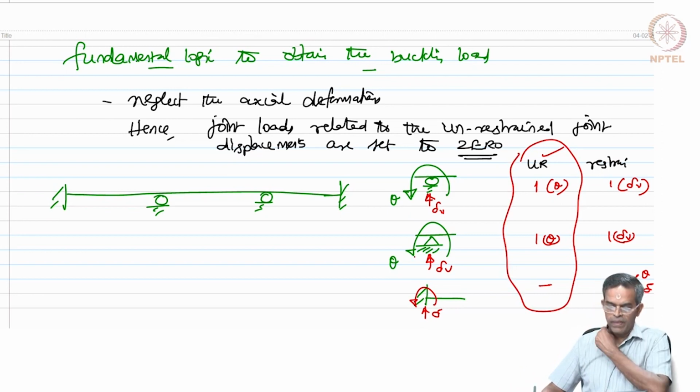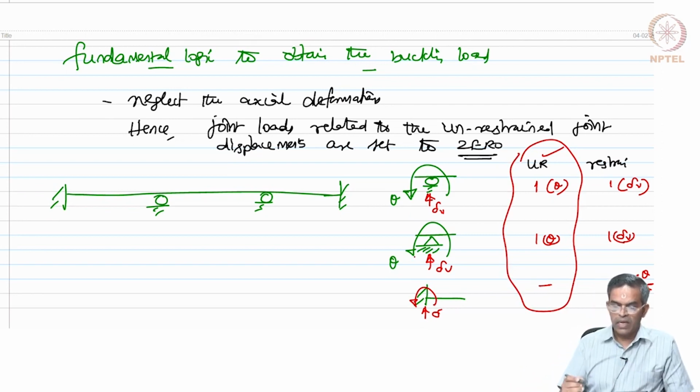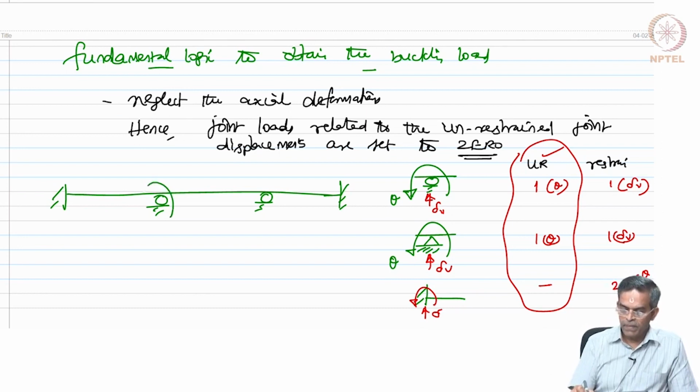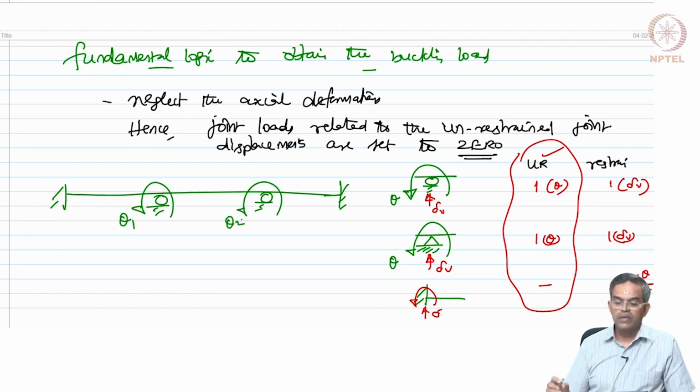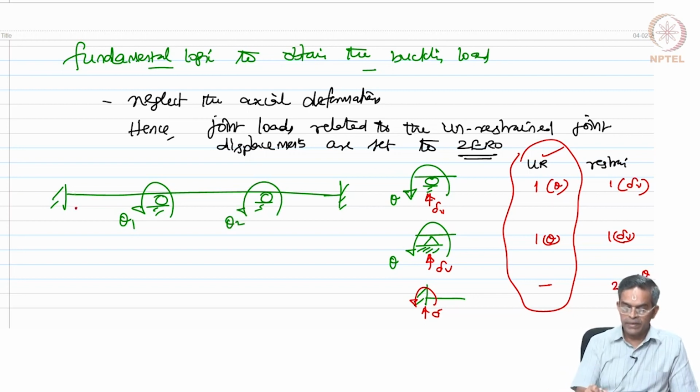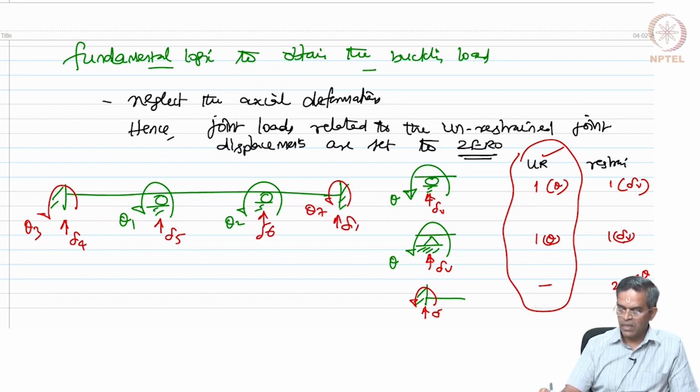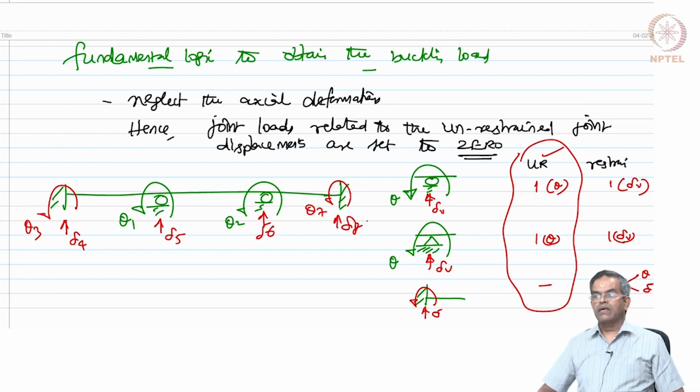Learning this, we can now mark the unrestrained displacements in green, as theta 1, theta 2, and restrained degrees of freedom in red, theta 3, del 4, del 5, del 6, theta 7, del 8, by neglecting axial deformation. Okay.